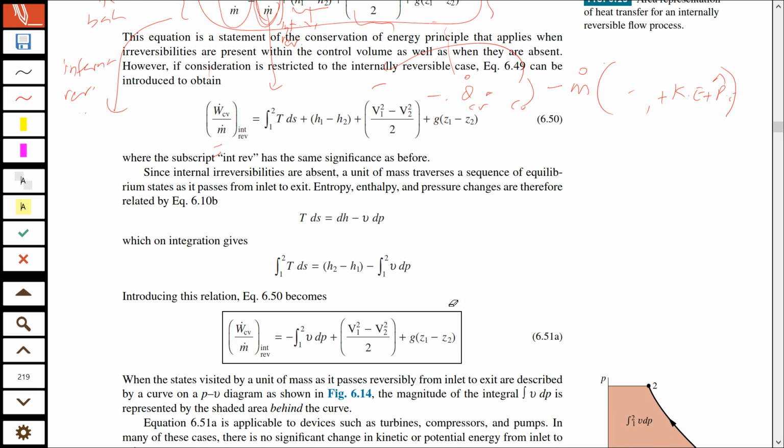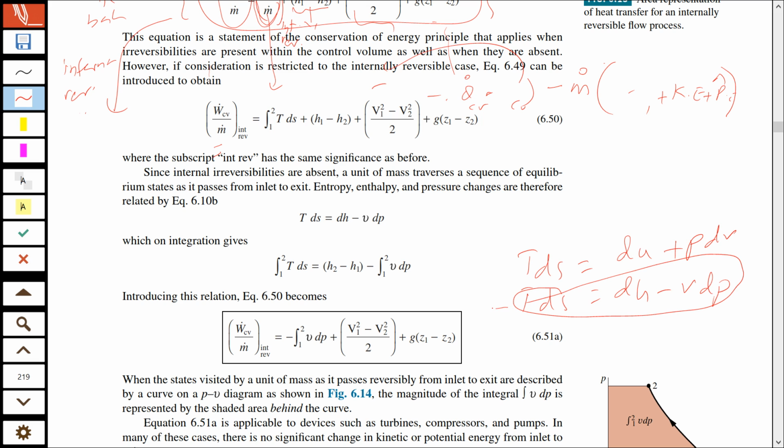And if you remember, we had two versions of the TdS equations. One was starting with du and one was starting with dh. So the one with du was, I think, du plus pdv, and the one with dh was with a minus sign, vdp.